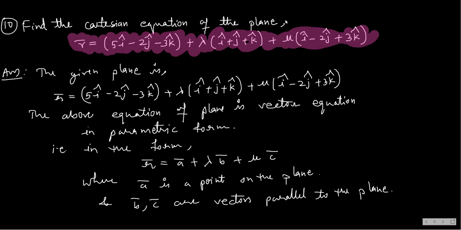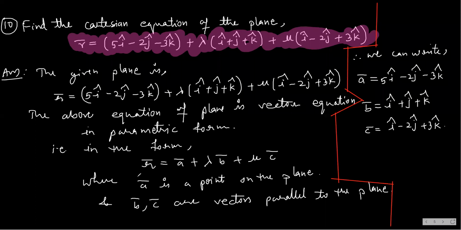Therefore, here it is in the form r bar equals a bar plus lambda b bar plus mu c bar, where a bar is a point on the plane. By comparing, b bar and c bar are the vectors parallel to the plane.